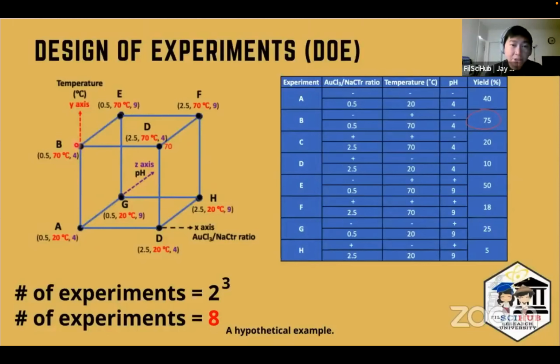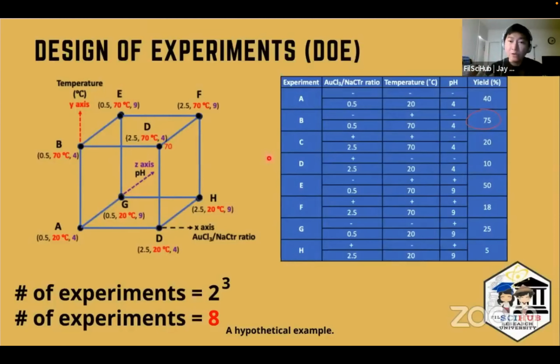And then the pH axis on that side. Yeah, the z-axis. Yeah, 4 versus 9. So you have 3 variables, and then you take the lowest and the highest value for each of those set of conditions. So you have a total of 8 experiments here if we do like the combination of those 3 variables.